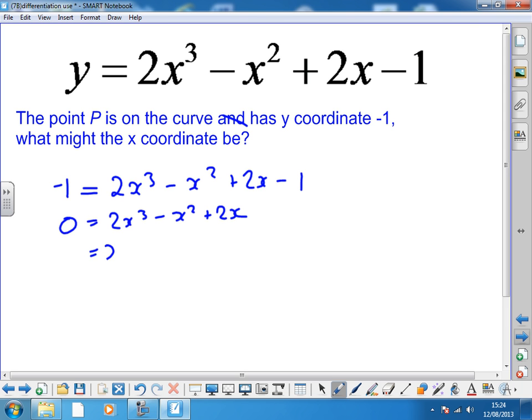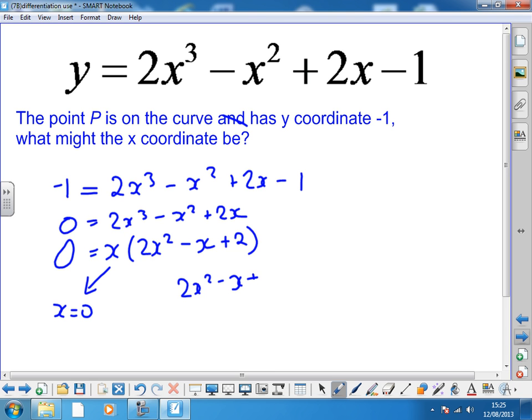Factorise out an x: x times (2x squared minus x plus 2). So that's one possible solution, x equals 0. Or 2x squared minus x plus 2 is 0. Does that factorise? I don't think it does.